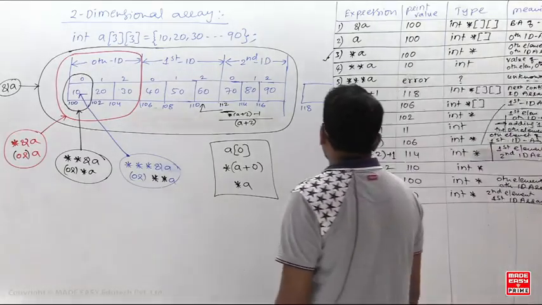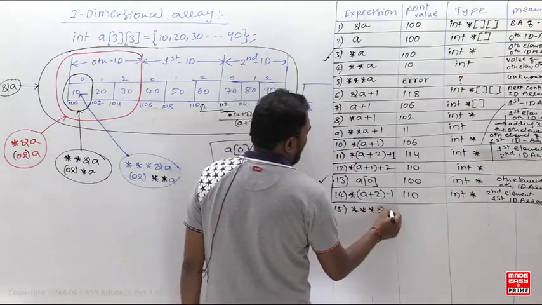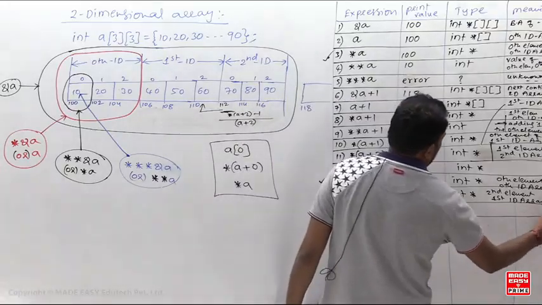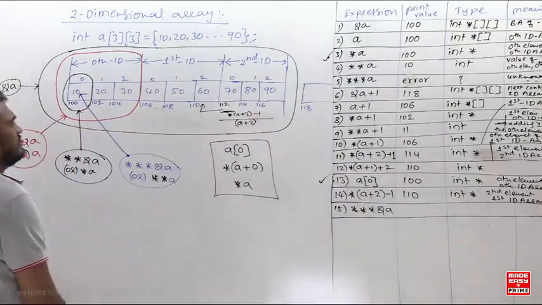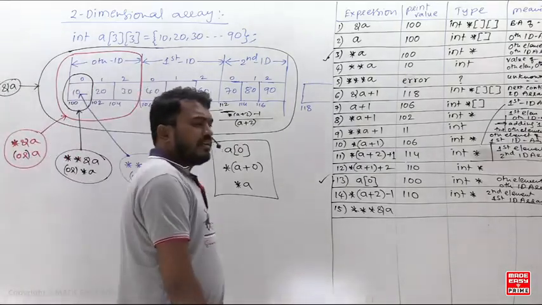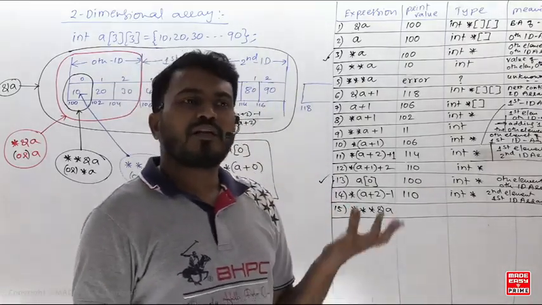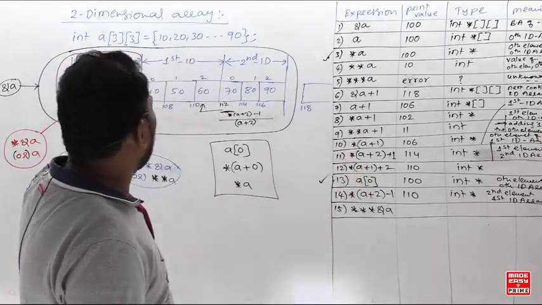Right. So now tell me. Okay, 15. Now tell me, triple star ampersand A. See, if anybody is having doubt, you can take a simple declared 2D array like that.